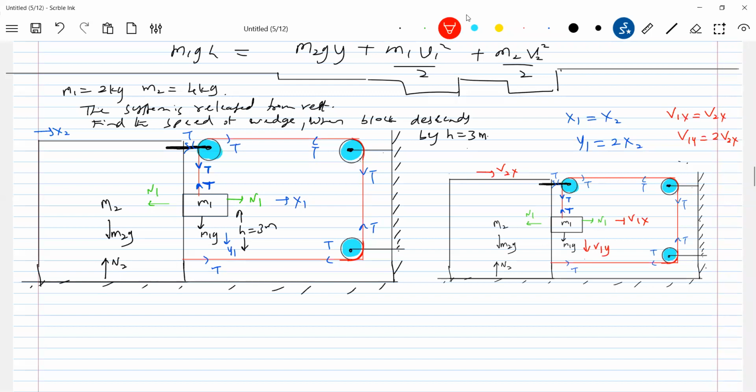Okay, now can you apply conservation of mechanical energy? We should identify all the things now. What is the work done by normal contact? Zero, because the wedge will not move vertically. Work done by the weight m2g will be zero. Let's come to the work done by normal contact N1.